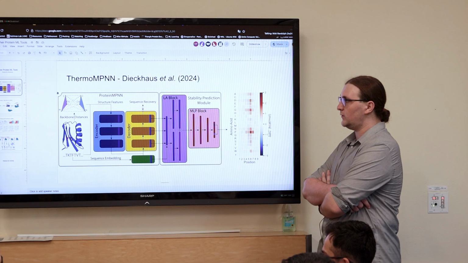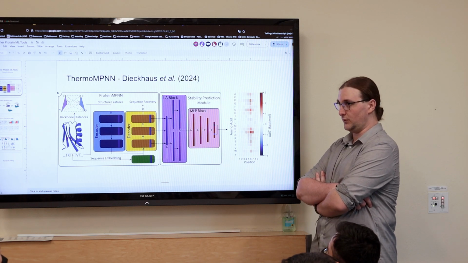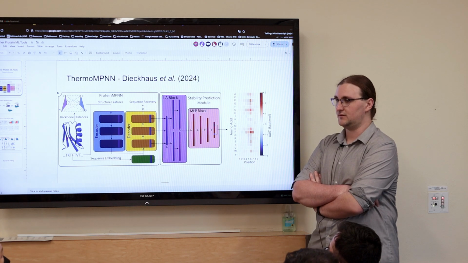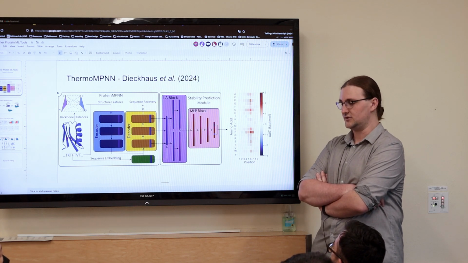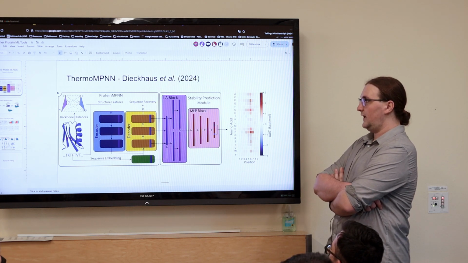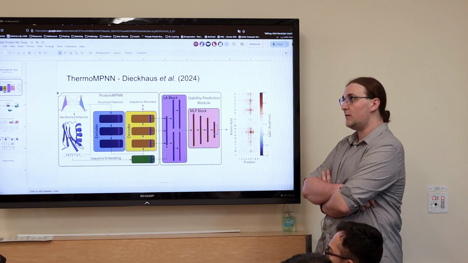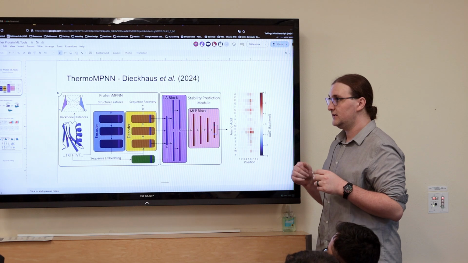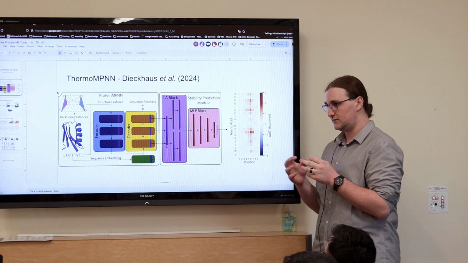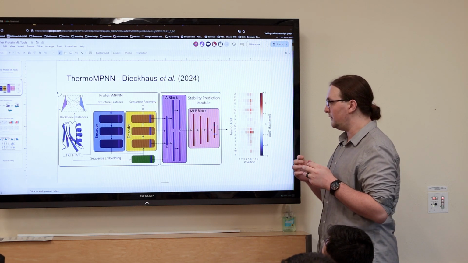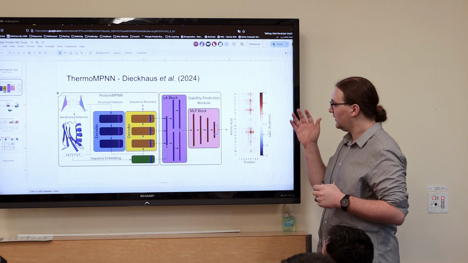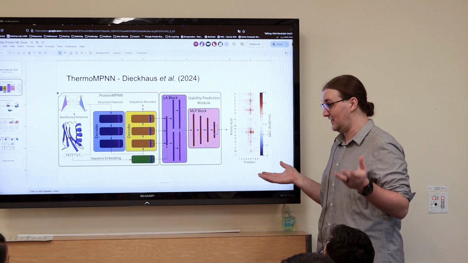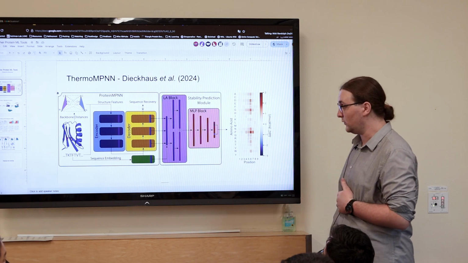What ProteinMPNN has been trained to do is recapitulate the native sequence, which has a lot of other pressures on it besides stability, including solubility, function, etc. And you can totally imagine that perhaps this adapter that we've added at the end is extracting the stability parts of that information that it's learned and amplifying that signal to make this prediction better. I can't say exactly if that's what's happening, but I think that's a reasonable explanation.